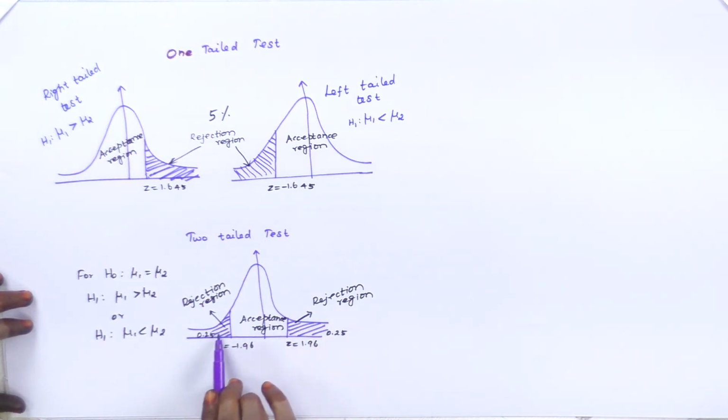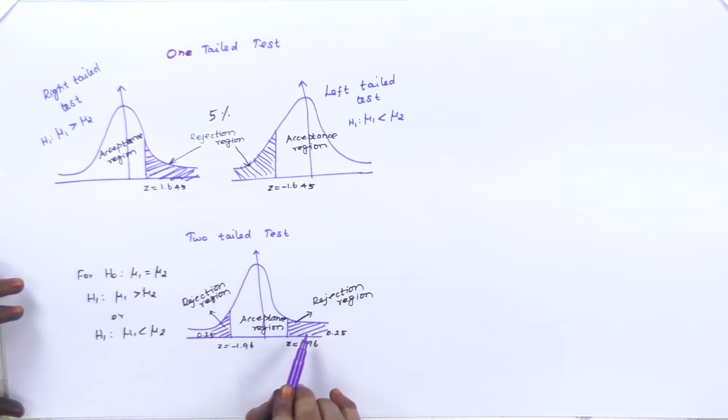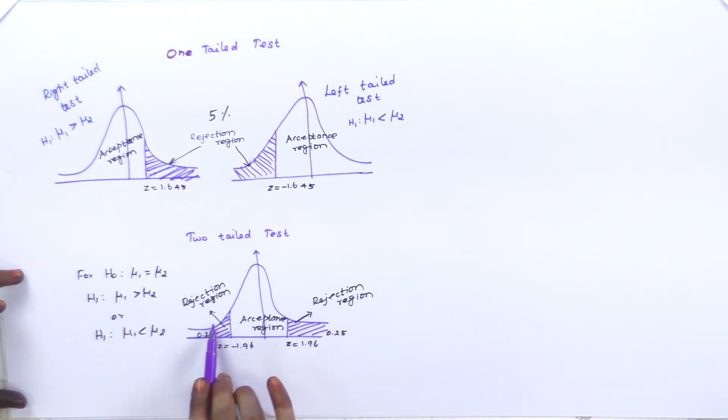This 5% level is 0.025 for the right-hand side and left-hand side. The remaining region is called our acceptance region. These two are rejection regions.